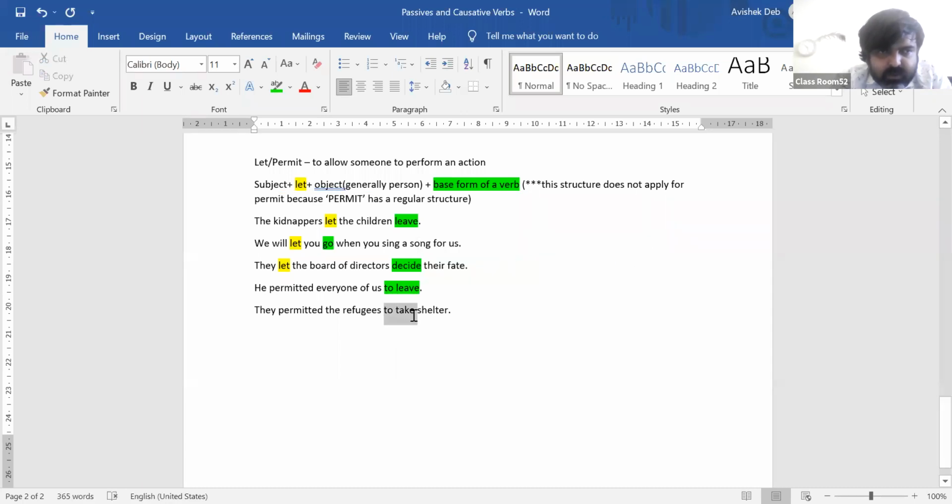So in the case of permit, what will happen is the object will be followed by an infinitive.